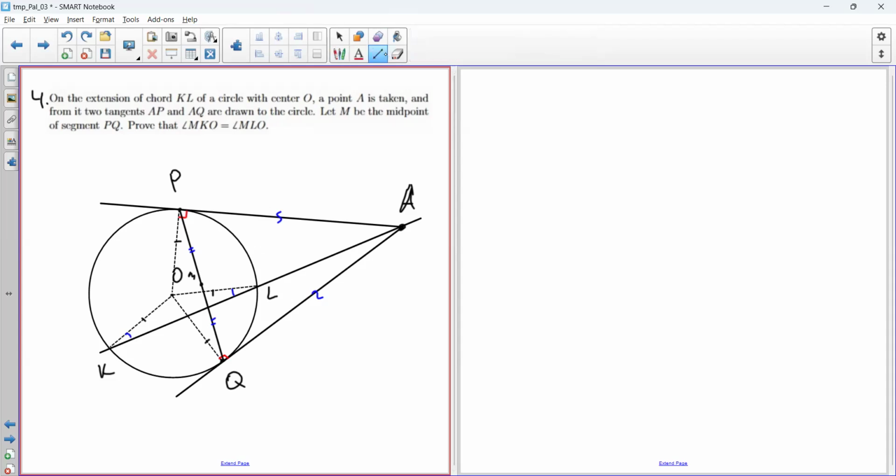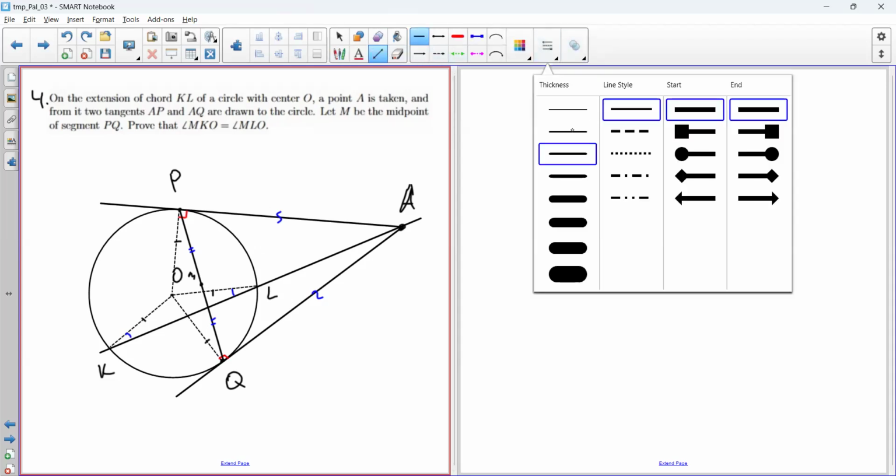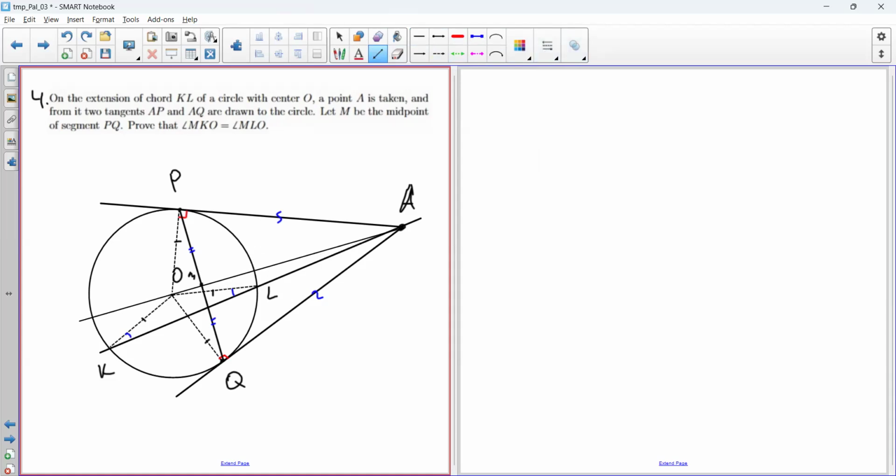So that is how I realize that I must draw this height, bisector, and median, everything, AM. Why? Just because it fits the problem very well.